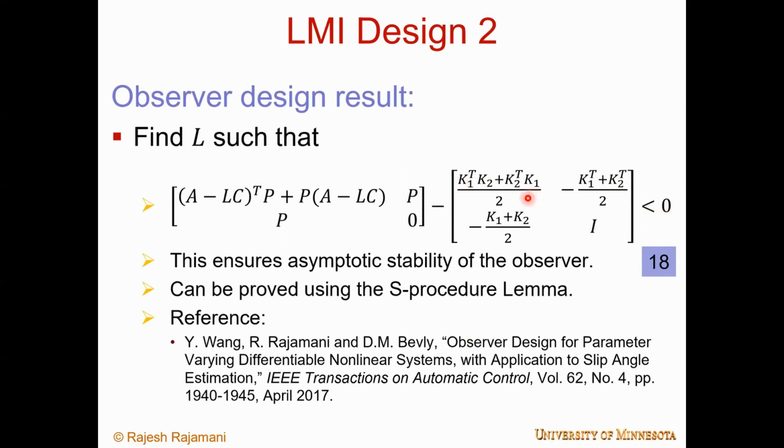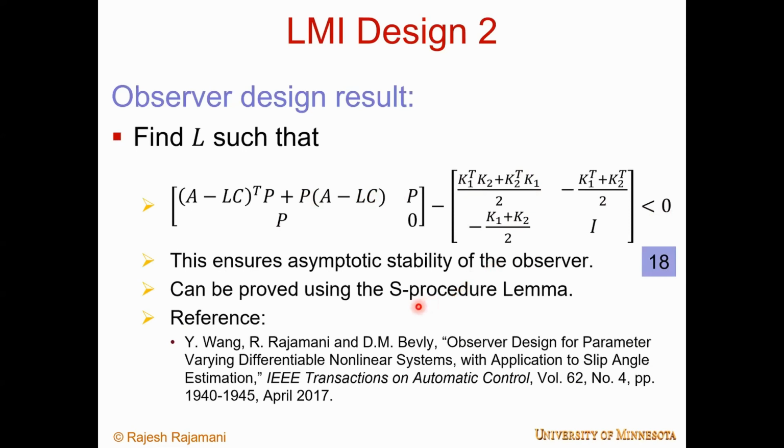Those are fully known to you because the nonlinearity has a bounded Jacobian. So these terms are all known. What we need to do is solve for P and L. You can again define P times L as a new matrix R, and exactly using the same procedure as before, you can use the LMI solvers in MATLAB to find L and P.